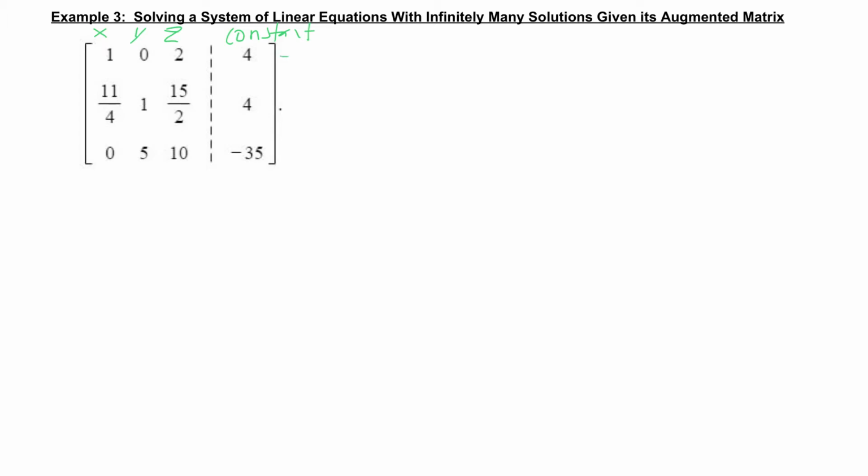The first thing we're going to do is go ahead and rewrite these. So I'm going to rewrite this first one, and it's going to be x plus 2z, because I have no y's, and that's going to be equal to 4.